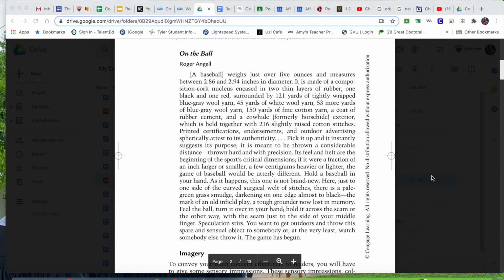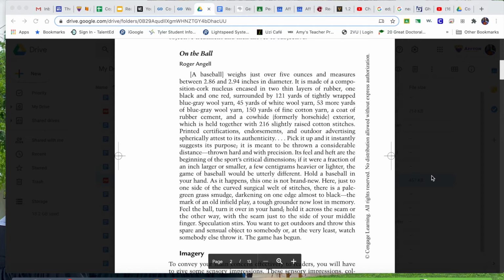Pick it up, and it instantly suggests its purpose. It is meant to be thrown a considerable distance, thrown hard and with precision. Its feel and heft are the beginning of the sport's critical dimensions. If it were a fraction of an inch larger or smaller, a few centimeters heavier or lighter, the game of baseball would be utterly different. Hold a baseball in your hand.